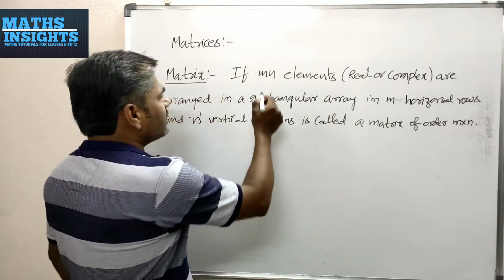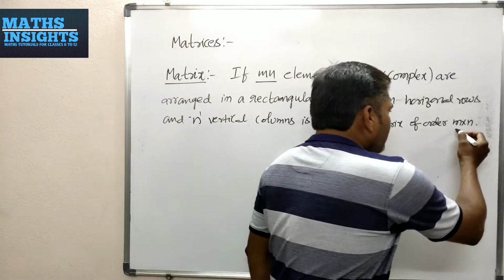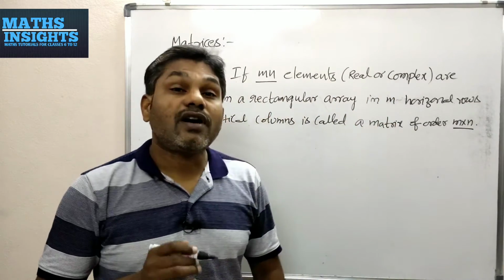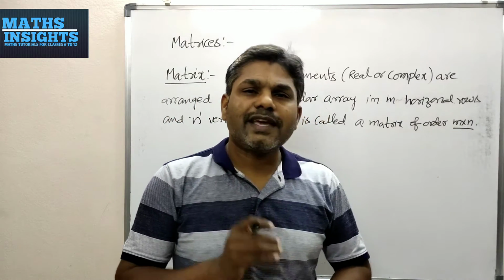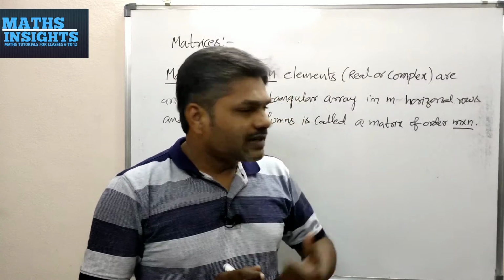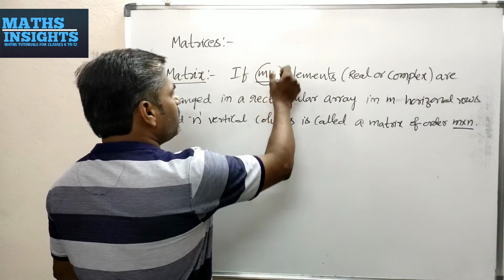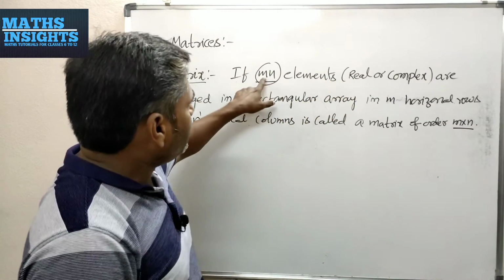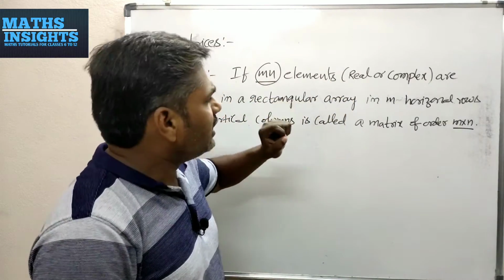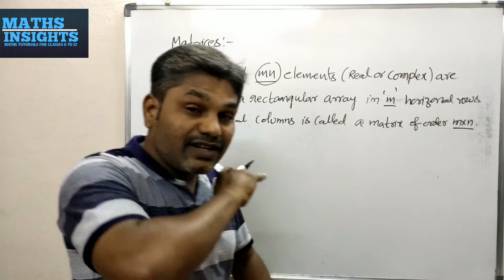Since I am taking m into n elements, this matrix is said to be of order m by n. Actually, this should not be read as m into n, that is read as m by n. By taking m into n elements, I am arranging them in m horizontal rows and n vertical columns.